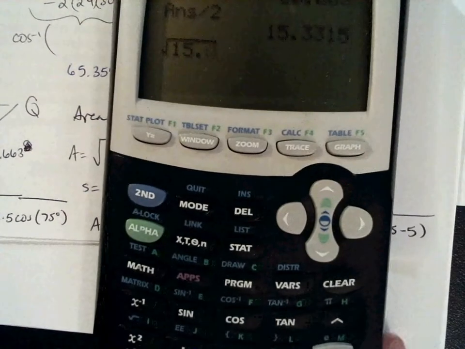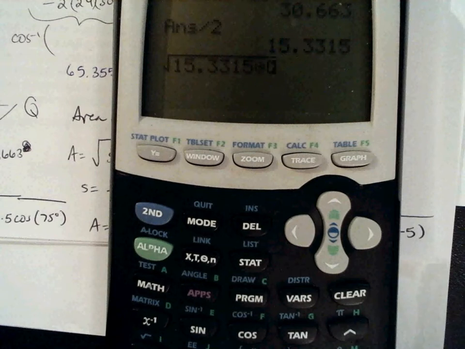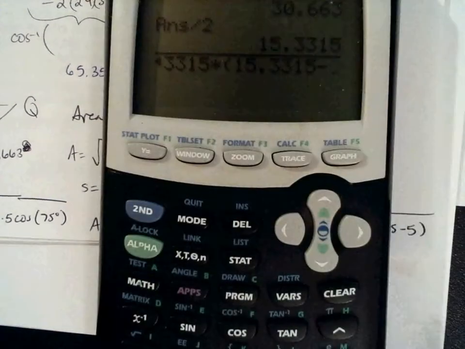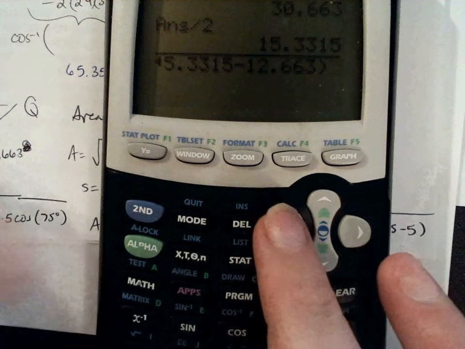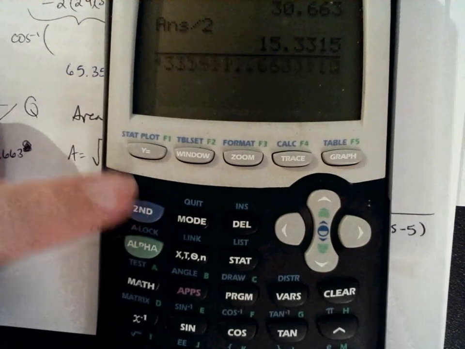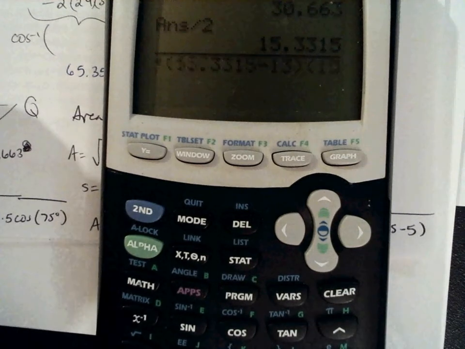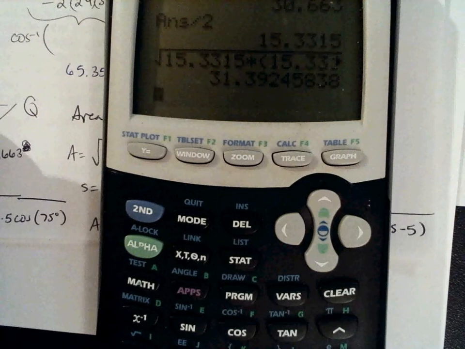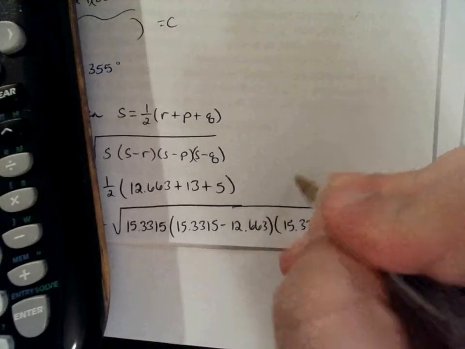So, second square root: 15.3315 times 15.3315 minus 12.663, close parentheses, times 15.3315 minus 13 times 15.3315 minus 5.